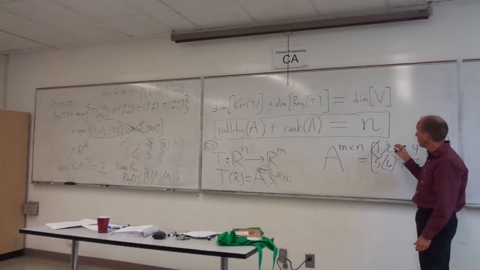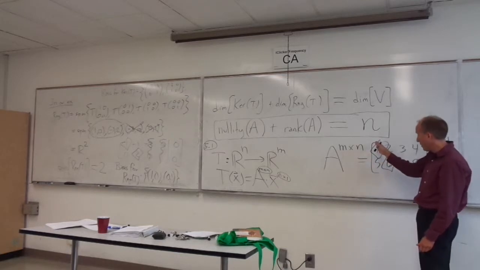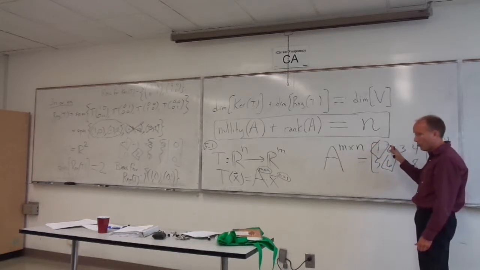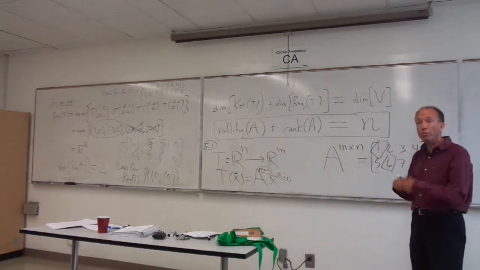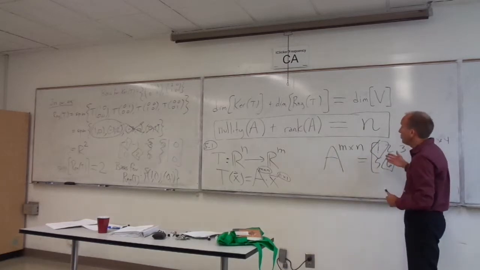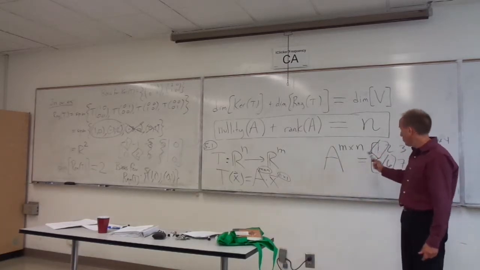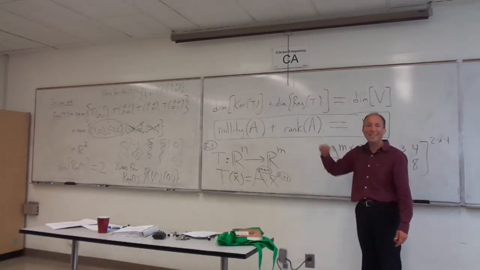So your basis for your column space for this matrix will just be (1, 5) and (2, 6). Those 2 columns are where the pivots are going to be after you row reduce the matrix. So it's a 2-dimensional column space because there are 2 pivots, so the rank is 2, right?